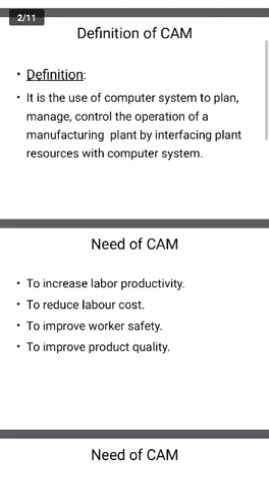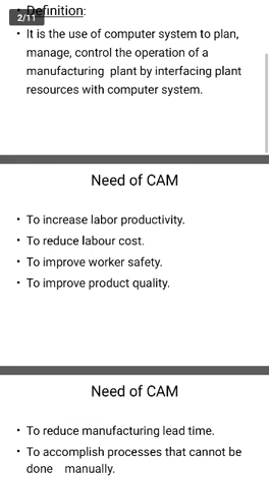Now, what is the need of CAM? Why do we go for CAM and not other things? After designing, we should manufacture whatever design we have done. For that, it is needed to increase labor productivity, reduce labor cost, improve work safety, and improve product quality.